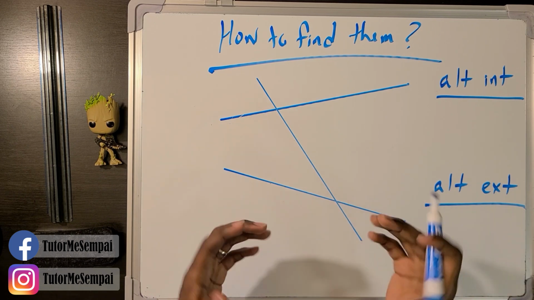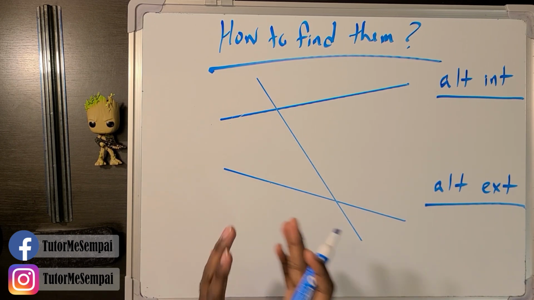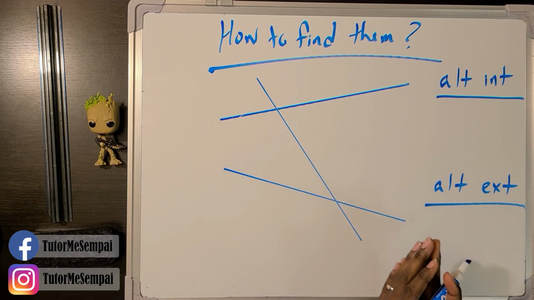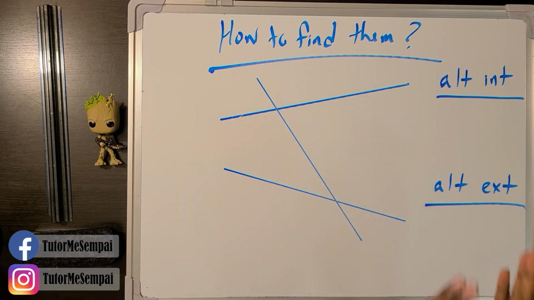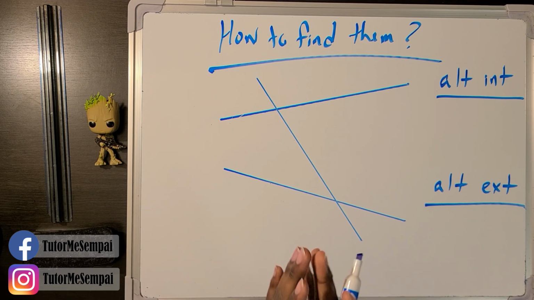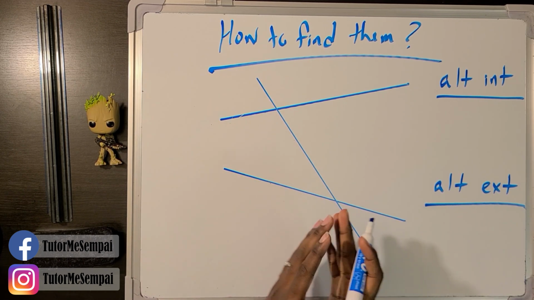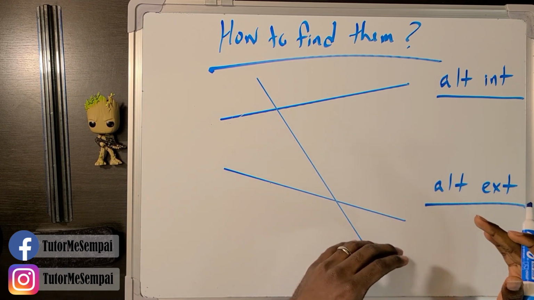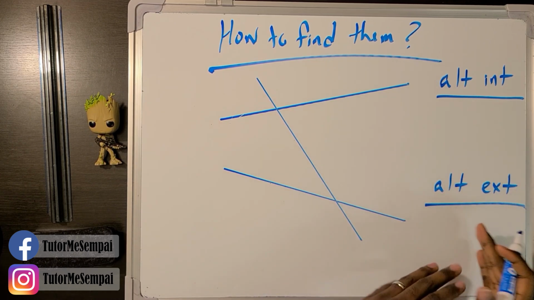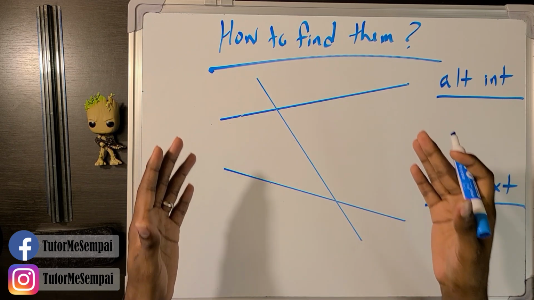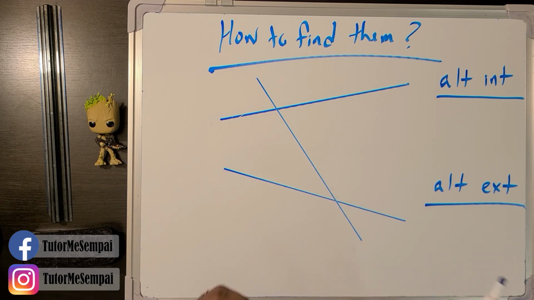Now the name, just like how we did for corresponding, is going to give us some hint as to where these pairs are. However, there's something that is not in the name that I want you to make sure you keep in the back of your head when you're trying to find these pairs. And that is, whenever you're trying to find a pair of alternate interior, alternate exterior, or the corresponding ones that we talked about before, you're going to have to pick one angle from the top section and one angle from the bottom section to make your pair.